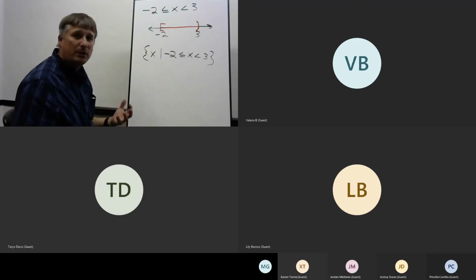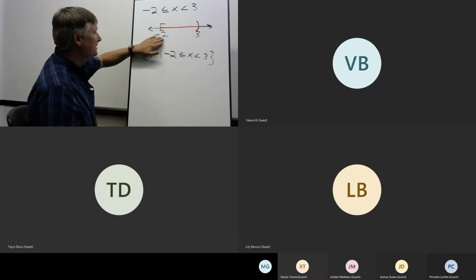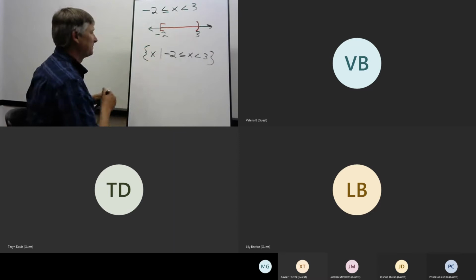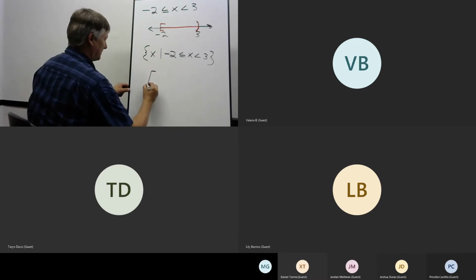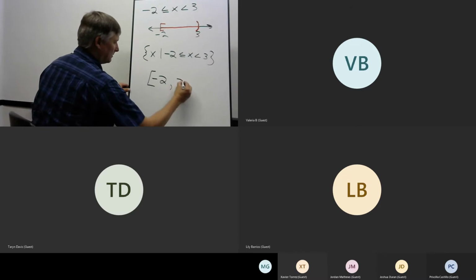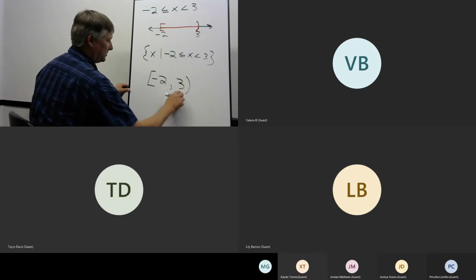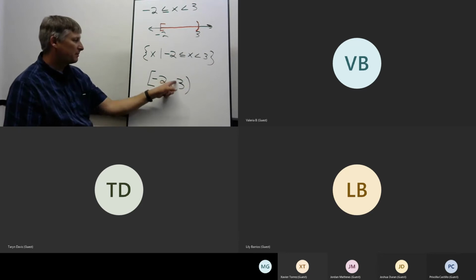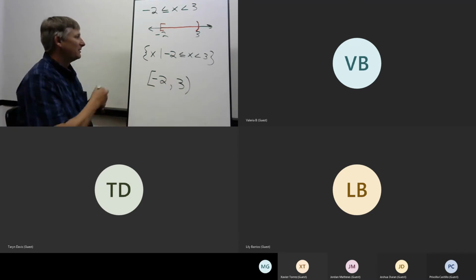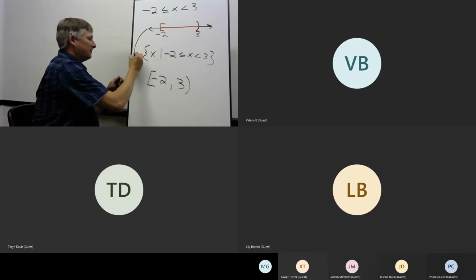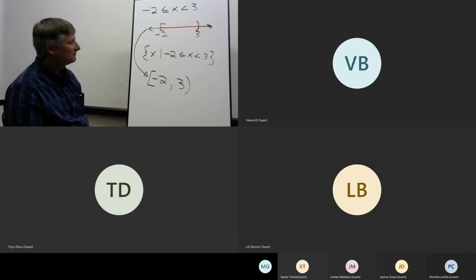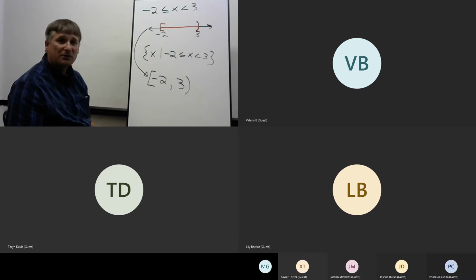We want all the numbers between -2 and 3. We get to keep -2. We don't get to keep +3. So we keep -2, comma, we don't get to keep +3. And we assume that there's numbers going on in between here. So this is sort of a simplification of our number line. Questions about that?